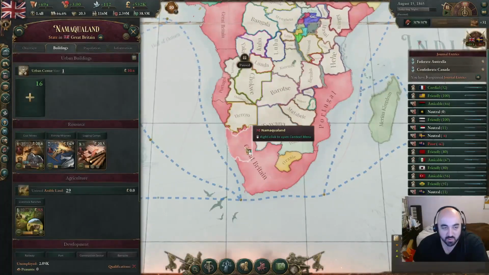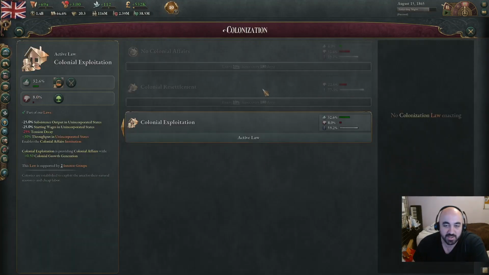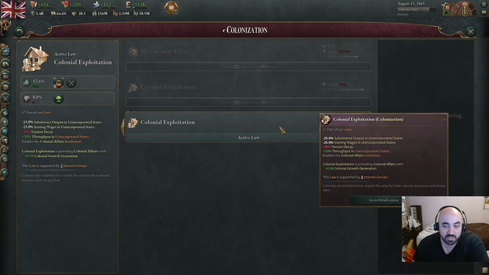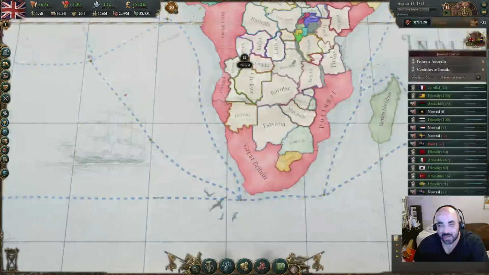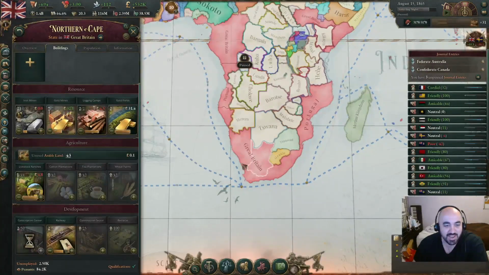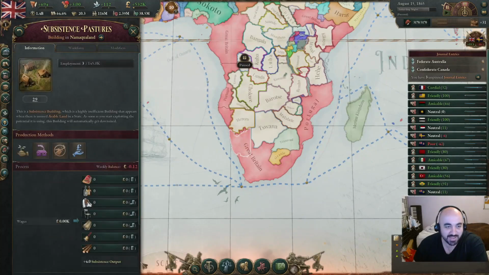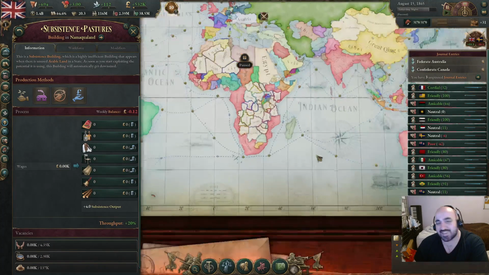Another thing I found quite interesting was colonial exploitation, the modifiers, which give the decreased starting wage. This decreased starting wage is also better for moving people off of subsistence farms into working. But this 10% throughput modifier also applies to a wide variety of things, which I think it has no business applying to. The first of which is it applies to subsistence pastures itself. If you notice, we are getting a throughput bonus and we're getting the rural folk, and also colonial exploitation, which is like, huh?